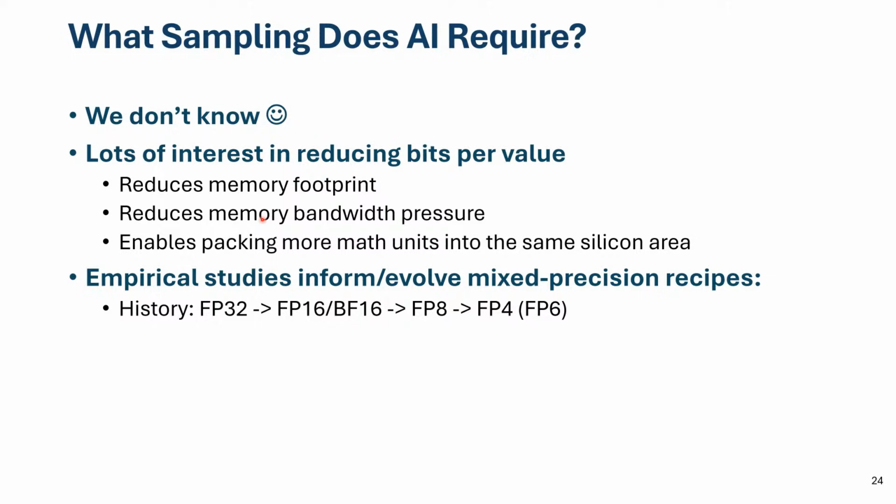During the design phase, we would try various things and see how well they work. The most promising ones would make it into hardware. So there would be recipes tried out on a much smaller scale to inform the direction for hardware. Then as we get closer to shipping, larger and larger scale training runs would get run. And eventually when silicon is available, you can do really large scale executions, right?